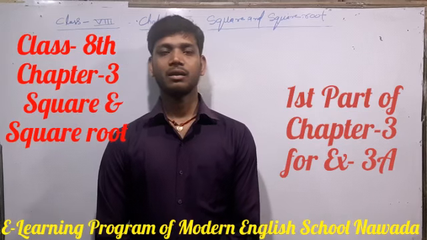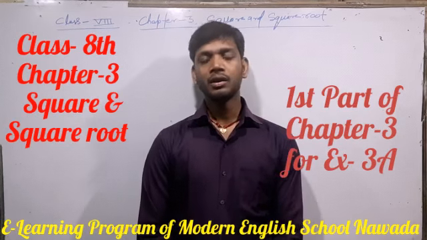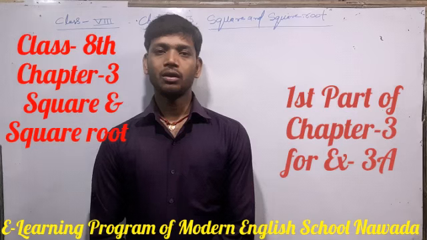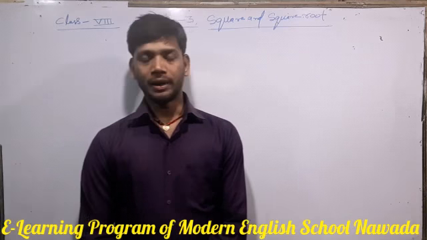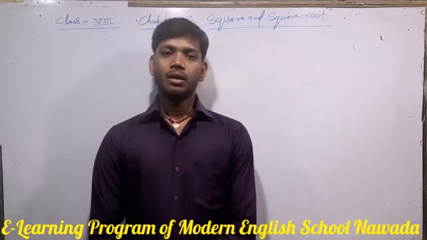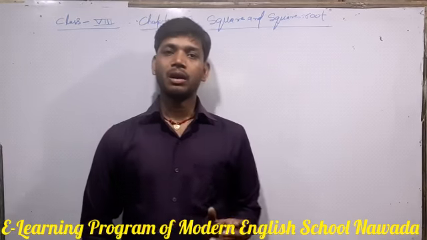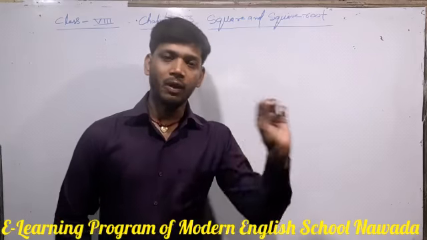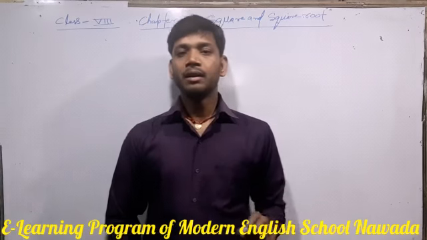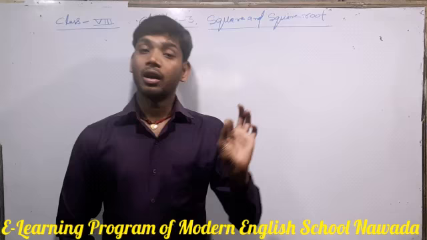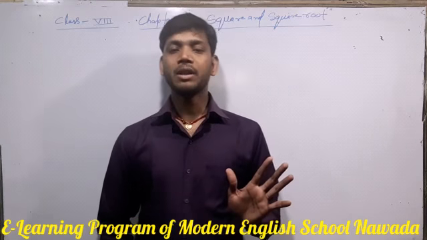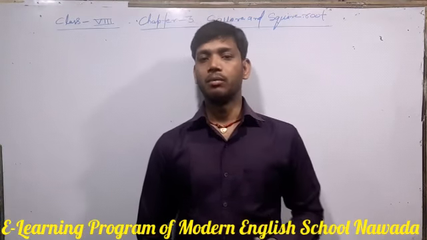In this chapter, we have to know first of all what is a square. Square means when any number is multiplied by itself, then the result is called a square. That means the result is a square number.